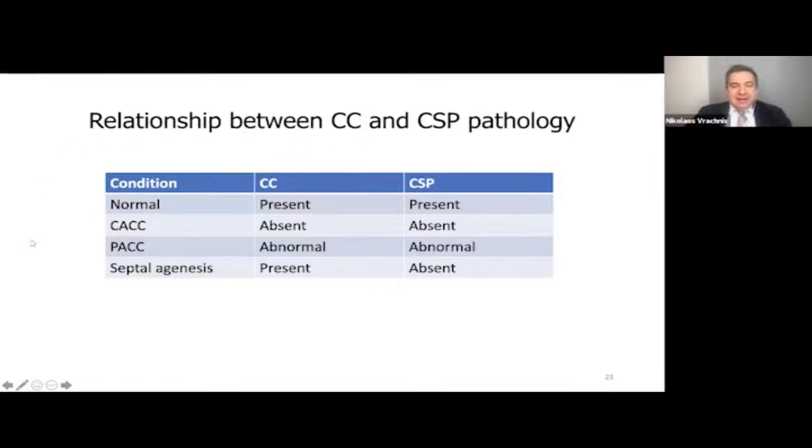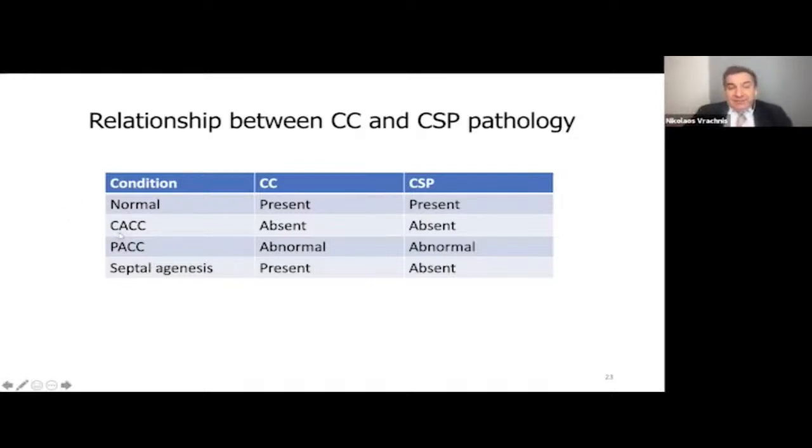So here is our relationship between corpus callosum and CSP pathology. So if everything is present, CC and CSP, the brain is normal at the plane assessed, which is the transventricular plane and then the transthalamic plane, but mostly we work on the axial view on the transventricular plane.